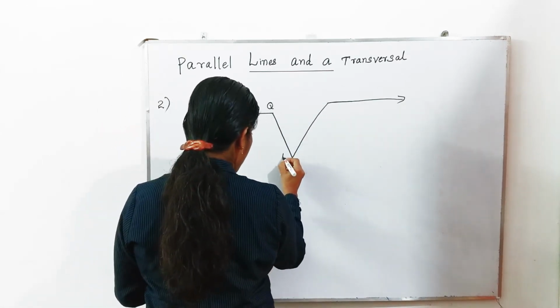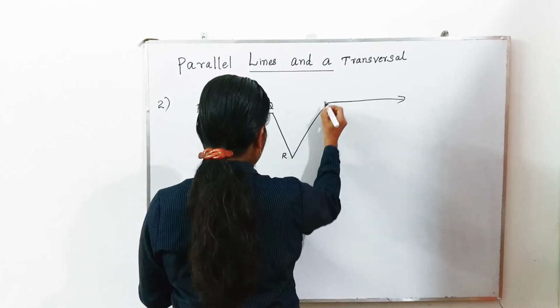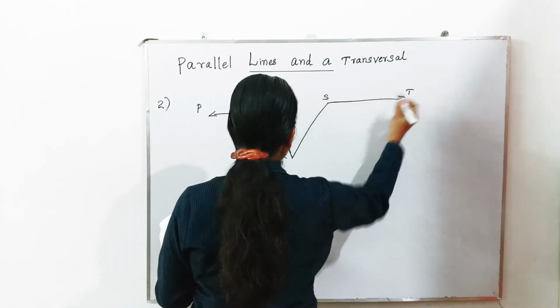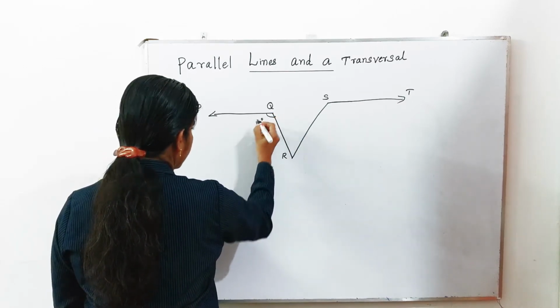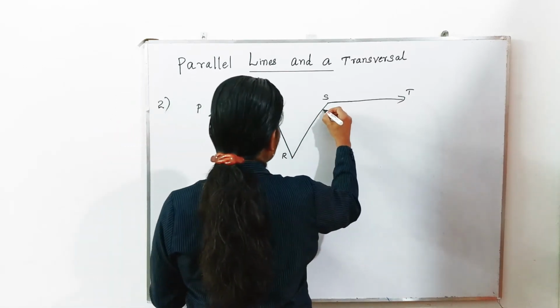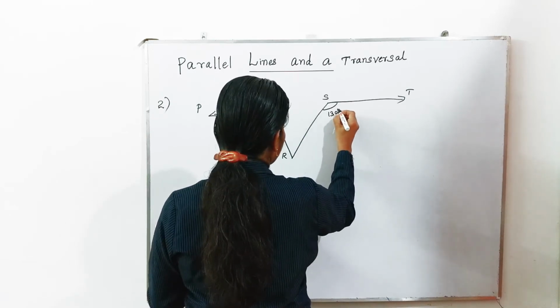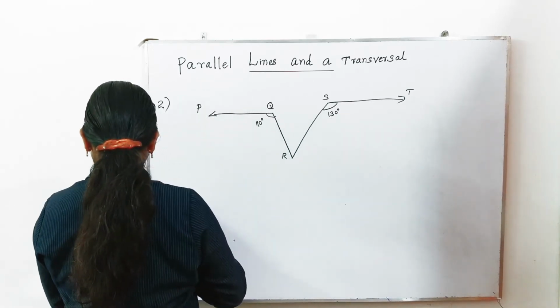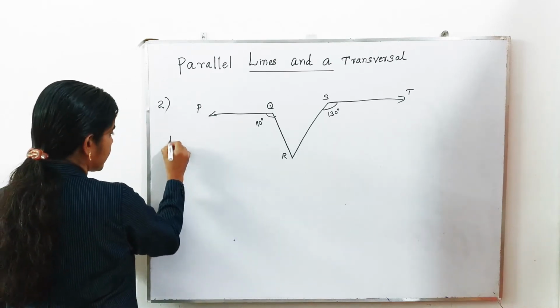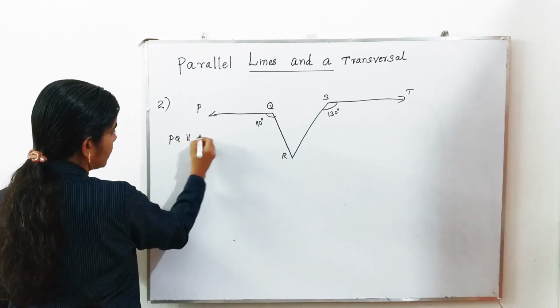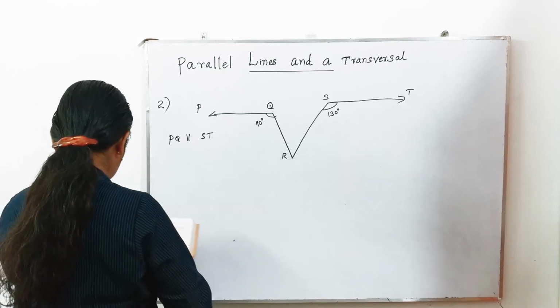This is given R, this S, and this is given T. This angle is given 110 degrees and this is given 130 degrees, and PQ is parallel to ST. PQ parallel to ST, that is given.